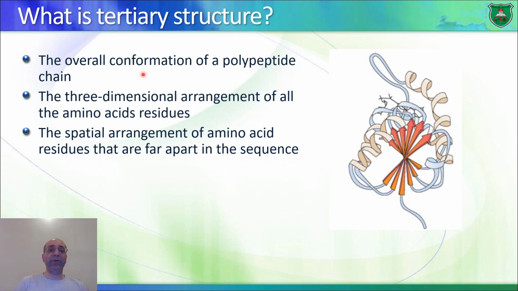The spatial arrangement of amino acid residues that are far apart in a sequence, in a primary structure sequence. So for example, this amino acid and this amino acid, they are located far away from each other in the primary structure, but they are close to each other in space. So basically, we're talking about the arrangement of amino acids in space. Okay.